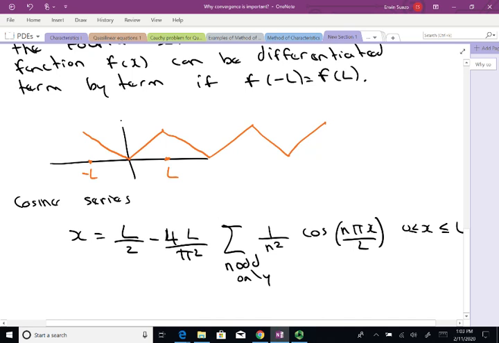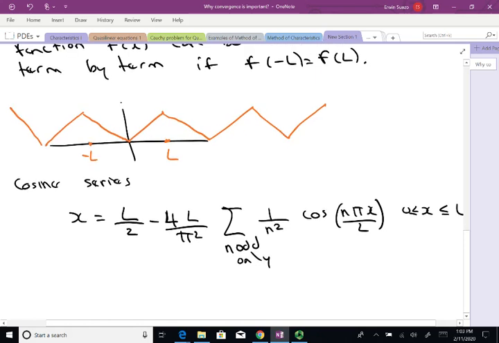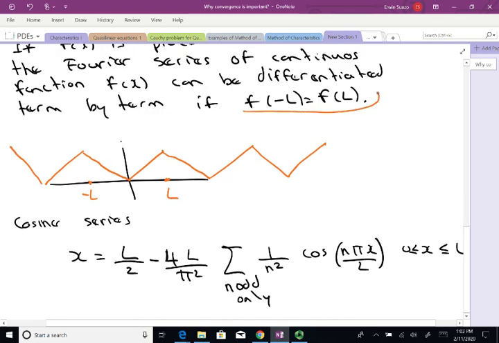Okay, so notice that in this extension, f of minus L and f of L are the same. You see, this one is supposed to be this one, right? So they are the same.